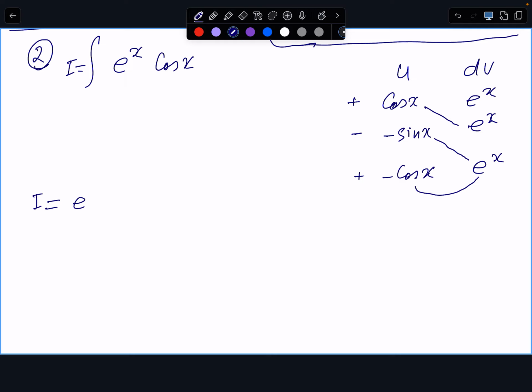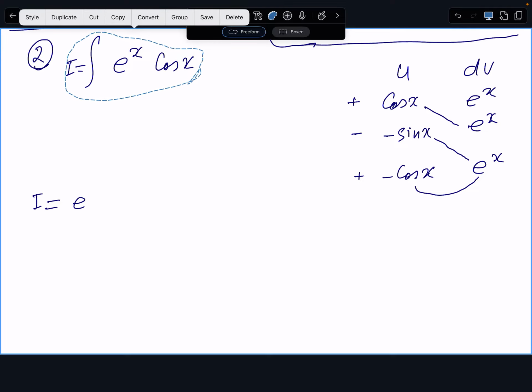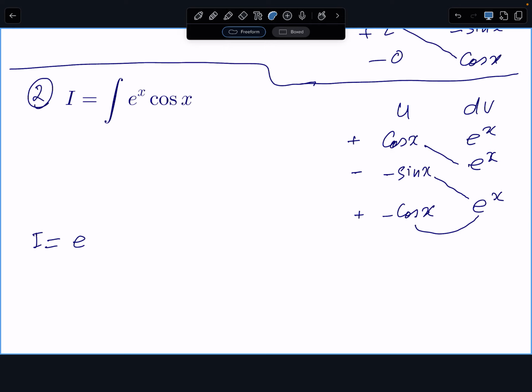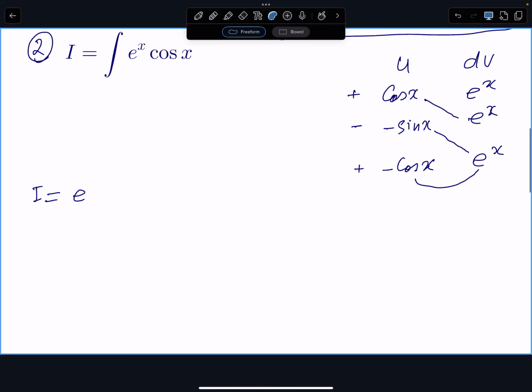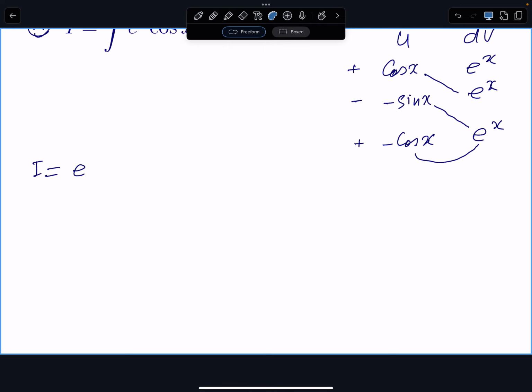And now let me just convert to math. Okay, this one is neat, it's better. We're having e to the x cosine x, right?